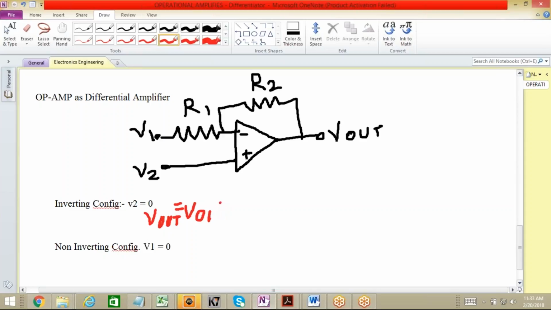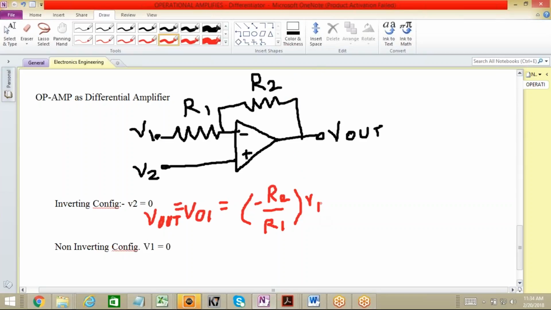And this V01 is equal to minus R2 divided by R1, right? And this will be V1. Since we are using the negative term here, it shows the phase inversion of the inverting configuration.